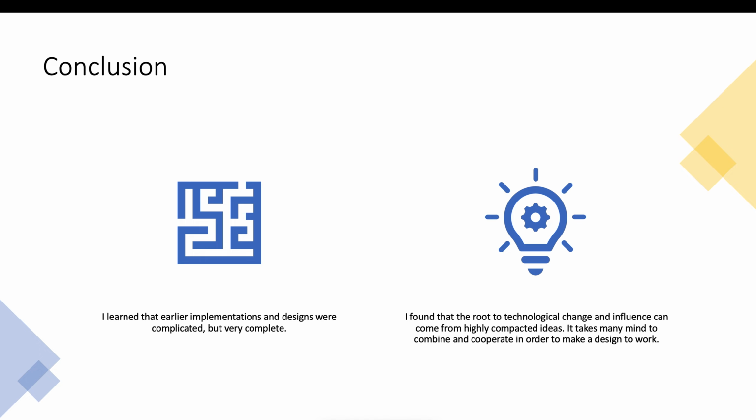All the things we see like MARIE assembly were just easier code used to implement the earlier ideas that were very complicated. Today it is not as complicated because of the change and the compacted ideas brought together by many people.